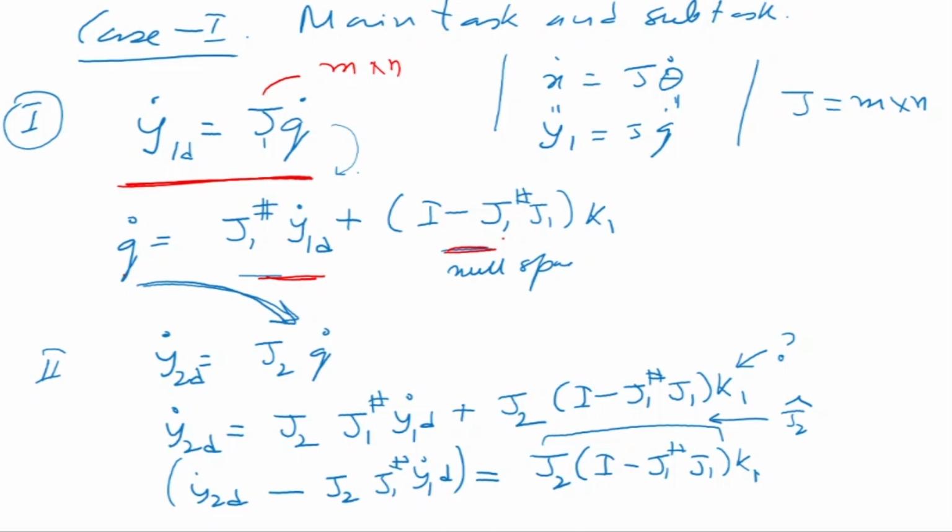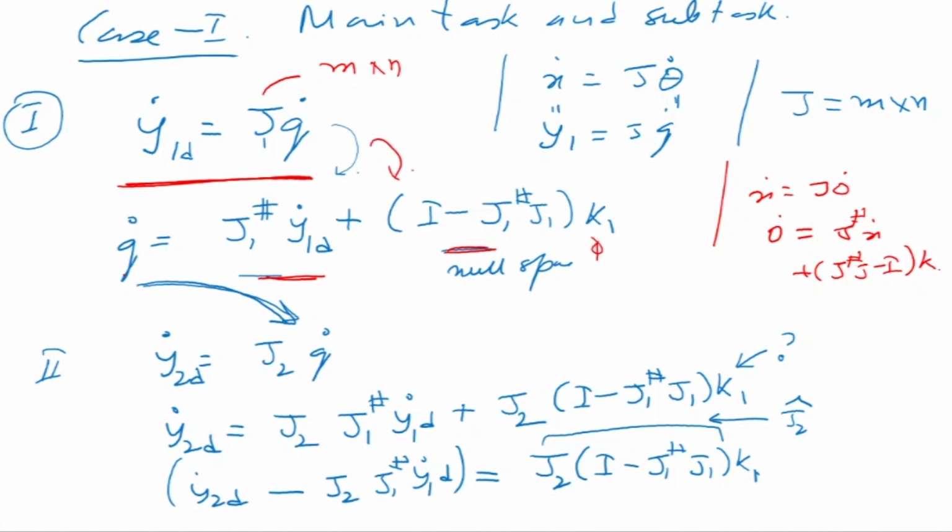Okay, so homogeneous solution plus particular solution, in the null space. So I'm simply using this equation repeatedly. x dot is equal to J into theta dot is equal to J# into x dot plus (J# J minus I) into k, into lambda or into k in this case. Okay, so from here I get this because J is non-square.